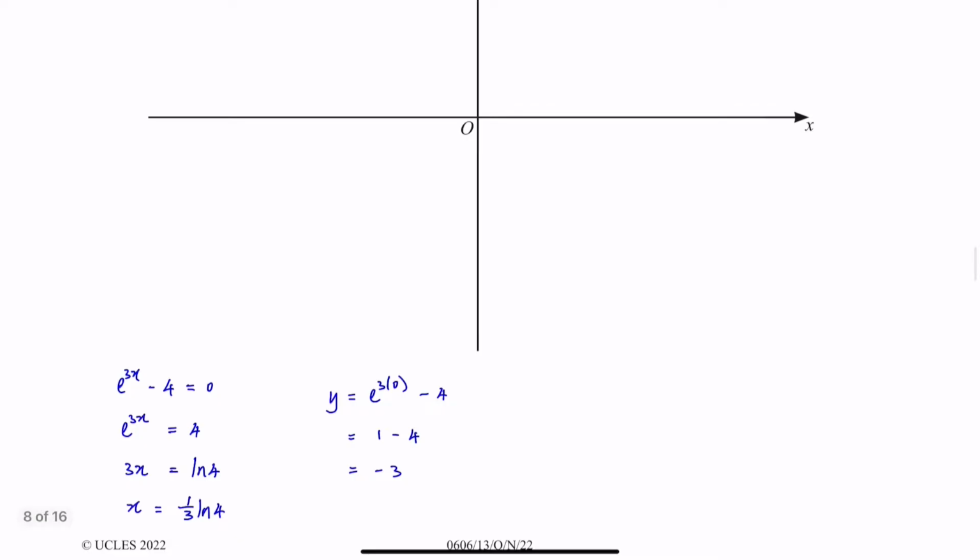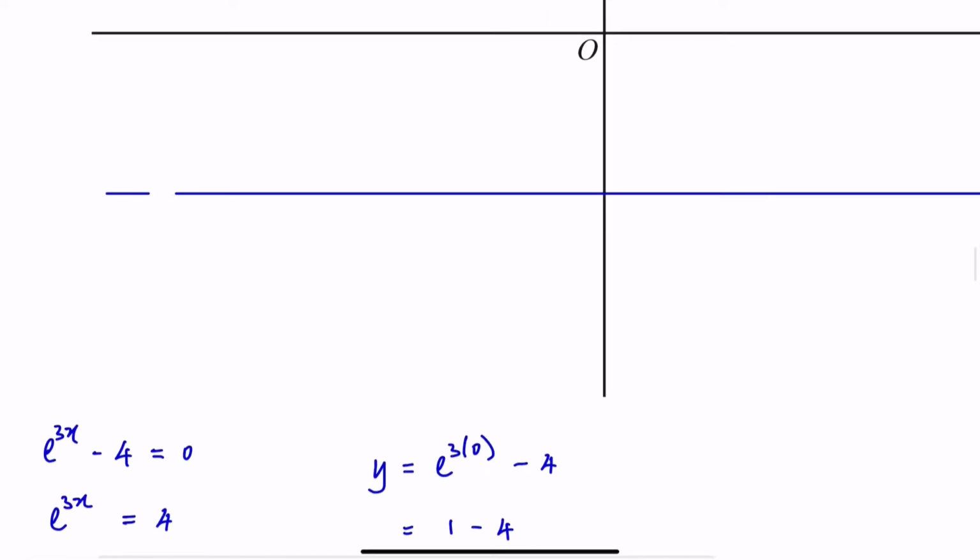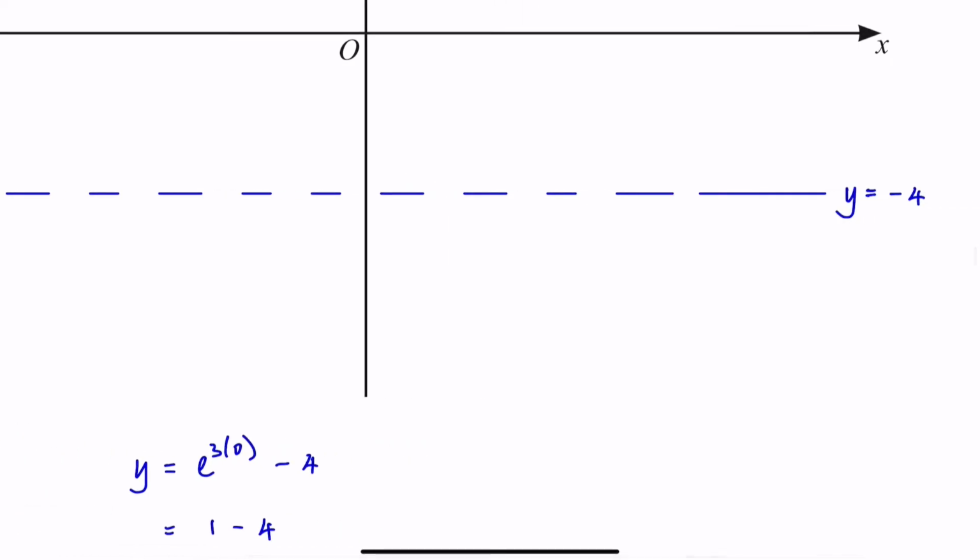So now we can start to sketch our graphs. For the f(x) graph, we know that we have an asymptote at y equals negative 4. So let's make this a dotted line so we don't mess it up with the actual graph.